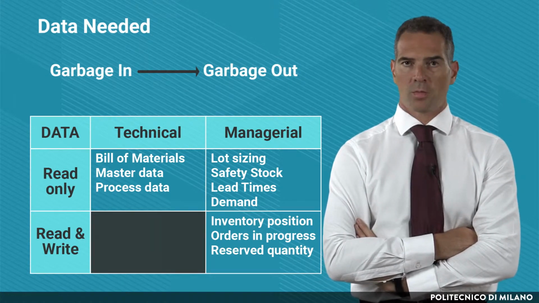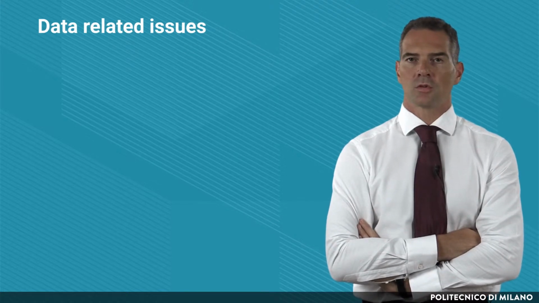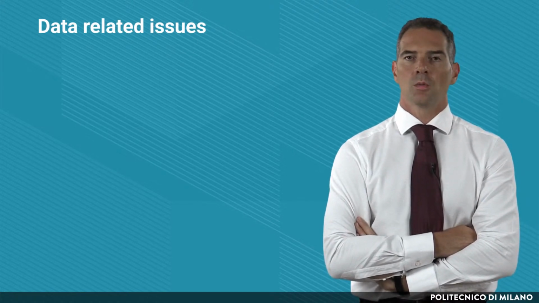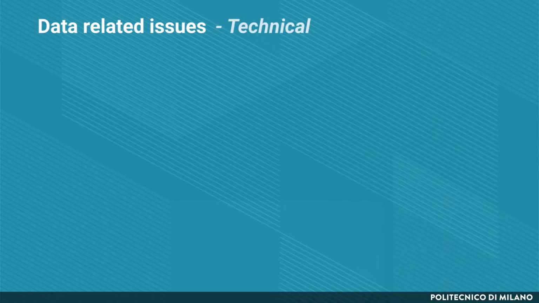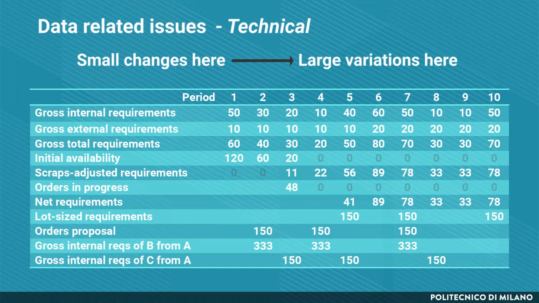But there's also another very important feature connected with the MRP procedure, which is its own instability. If we apply even small changes in the input data, the result from the MRP elaboration will be a large variation in the proposed materials plan.